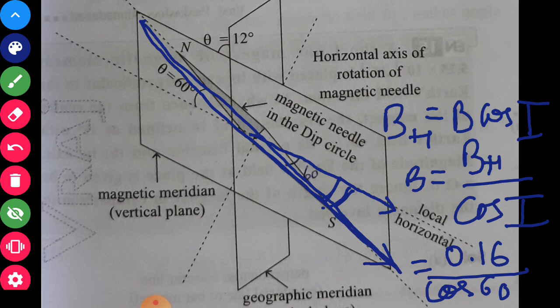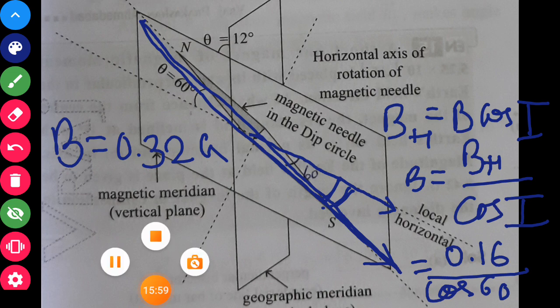So this value of magnetic field B will be equal to 0.32 Gauss. Thank you very much. Calculate all these numericals two to three times in your notebook and write them.